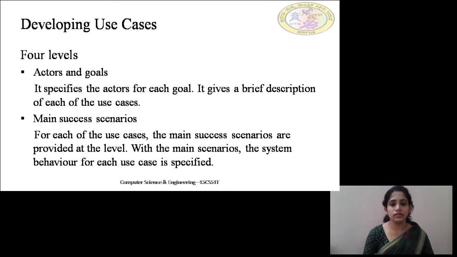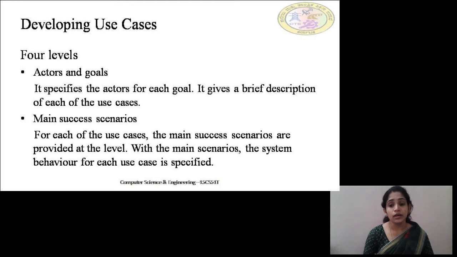While developing the use cases, we can identify different levels or different hierarchies. Generally, we identify 4 levels. The first level is actors and goals. It specifies the actors for each goal.